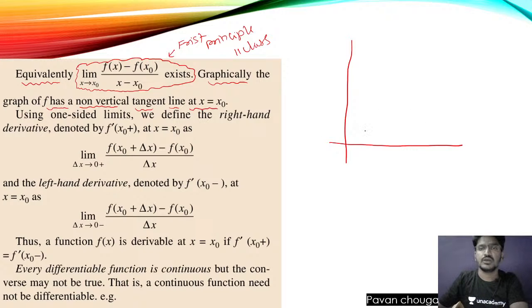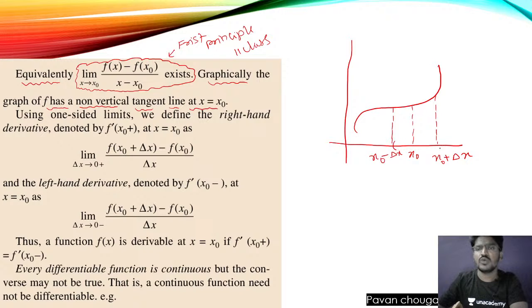Say this, if this is the curve and suppose this point is your x naught where you are finding your dy by dx, this is going to be x naught, this point is x naught minus delta x, and this term is going to be x naught plus delta x. Clear?